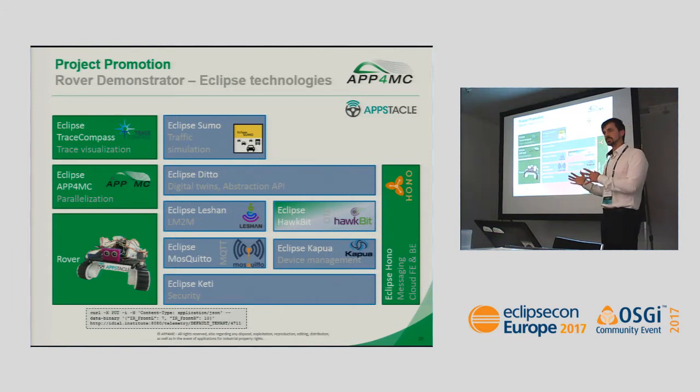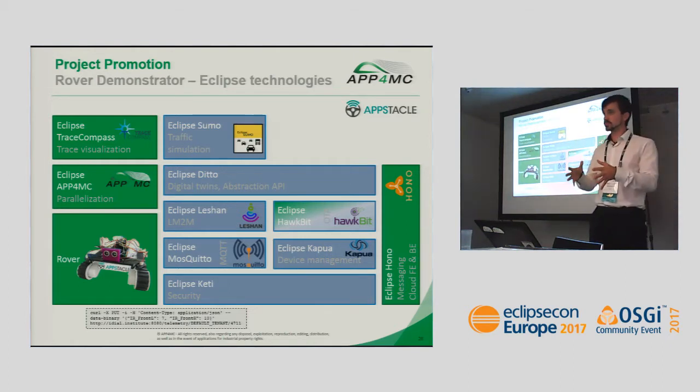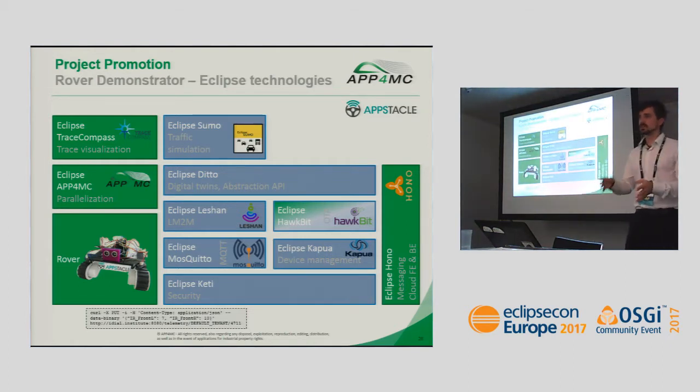That is something that we currently do not do, but we want to do. So also transmitting data from the cloud back to the rover, bidirectionally. Something AppSec also addresses is over-the-air upgrades, to have applications running on the rover that can be changed from a remote server.